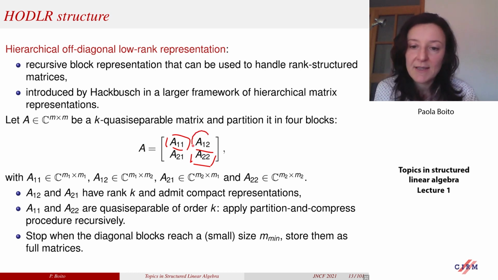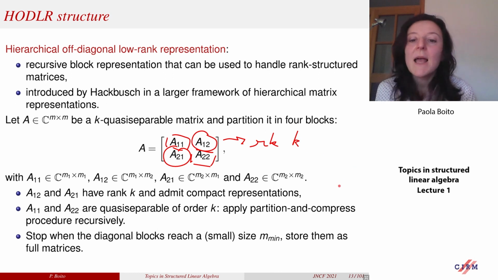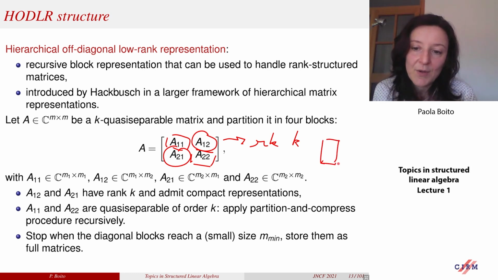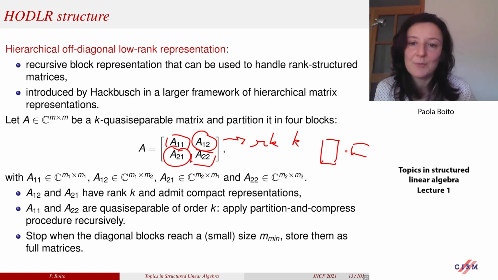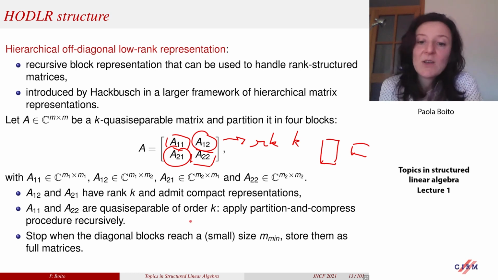Well, by definition, this block and this block have rank k, right? So they can be represented in a compact way, again in the way we saw before, a tall skinny matrix times a matrix that has the transpose size. On the other hand, A11 and A22 don't have low rank, but they are again quasi-separable of order k.